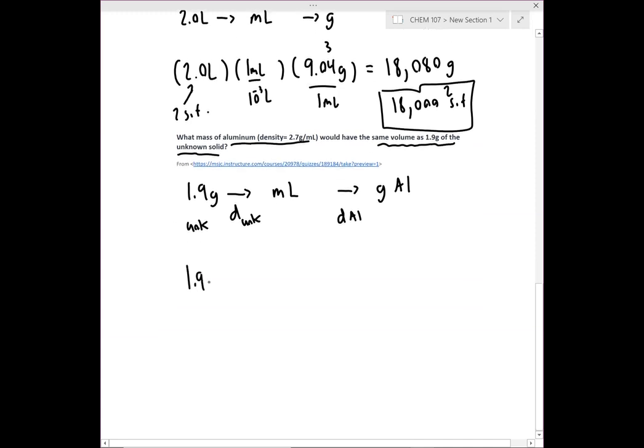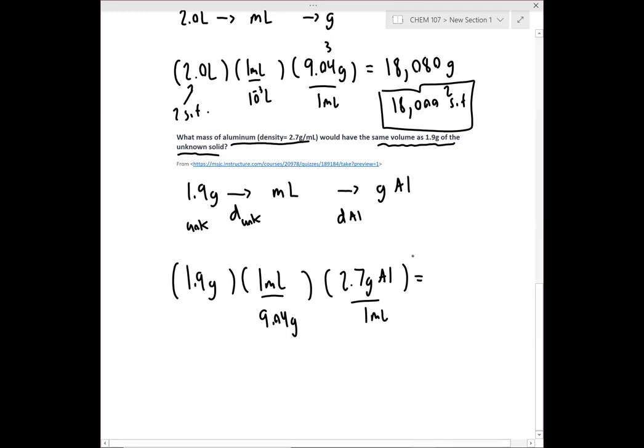So I take 1.9 grams of sample, and I know that in 1 milliliter of my unknown, I have 9.04 grams. And then I know for aluminum, I have 2.7 grams of aluminum per 1 milliliter. So punching this into my calculator, 1.9 over 9.04 times 2.7, and that gives us a mass of 0.567 grams, which we round to 0.57 grams.